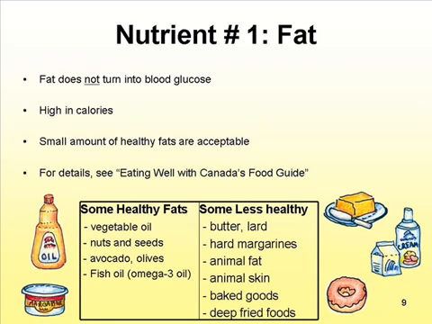Some examples of healthy fats include vegetable oil, nuts and seeds, avocados, olives, and fish oil such as omega-3 oils. For details, you can see Eating Well with Canada's Food Guide. It can give you more information on healthy fats and the portion size. Some less healthy fats include butter, lard, hard margarines, animal fat, animal skin, baked goods, and deep fried foods.